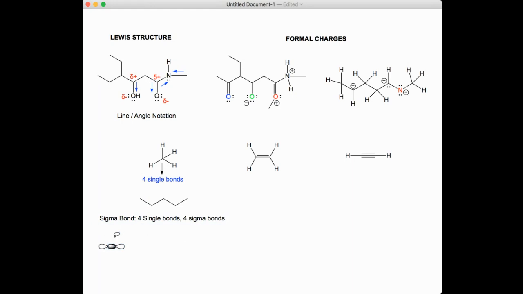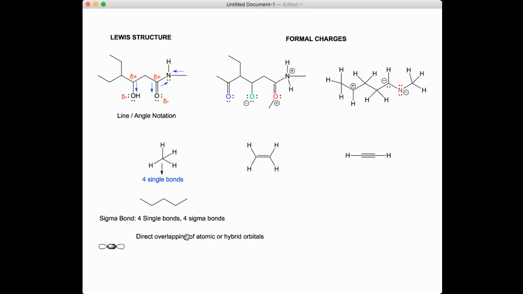So a sigma bond is when you have, and I'm going to write it over here, a direct overlapping of atomic or hybrid orbitals. You still don't know what a hybrid orbital is, so we will get into that in 5 minutes.